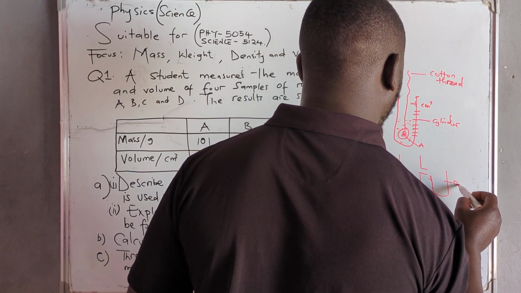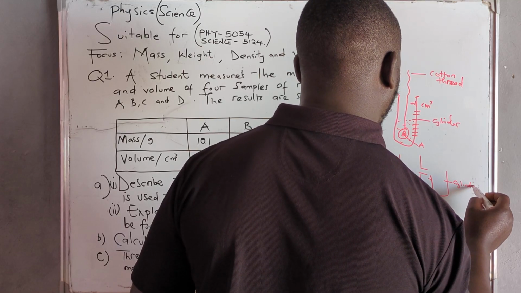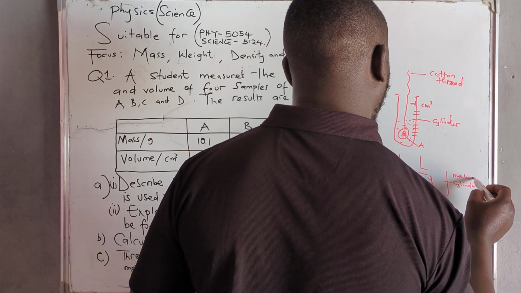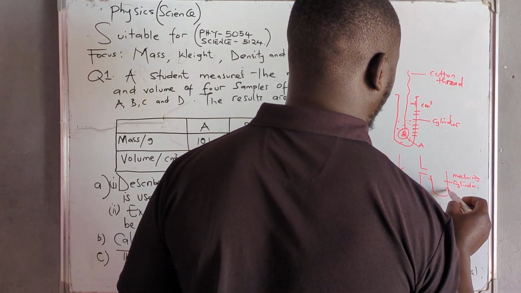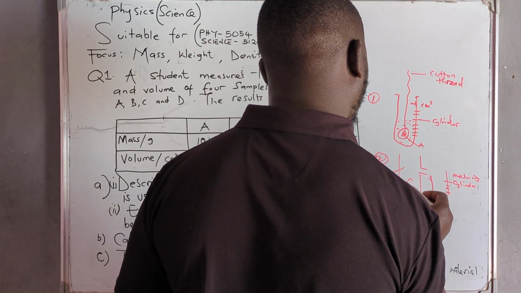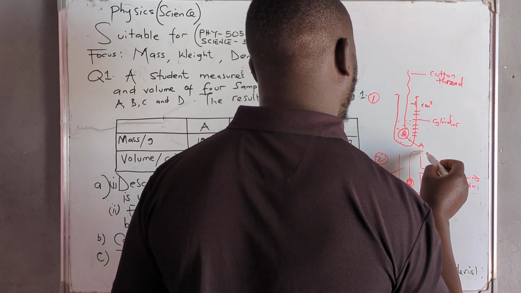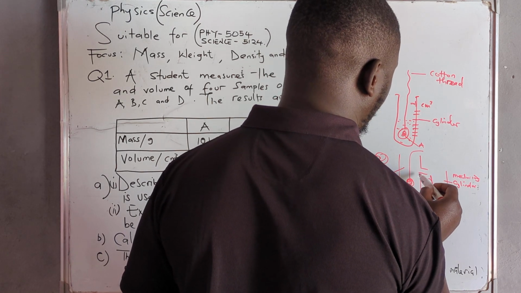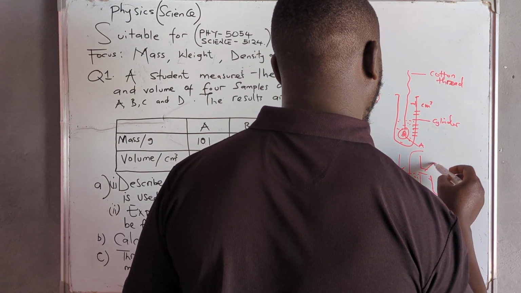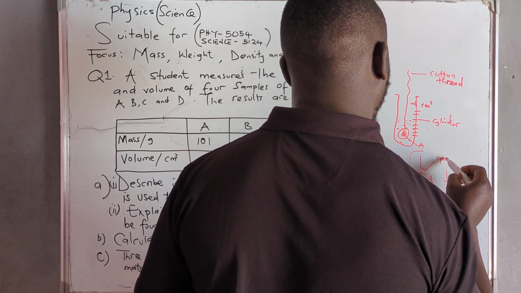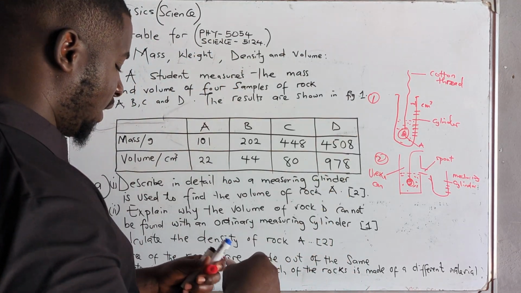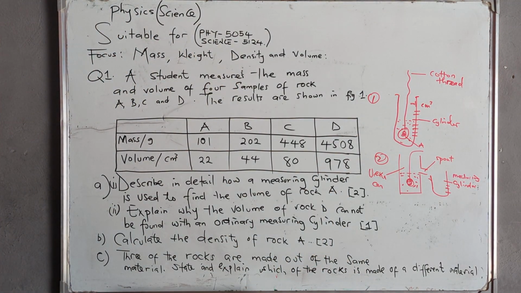This is your cylinder, with calibrations. The stone is going to come here, and the amount of liquid is going to come out through what we call the spout. So you can pick either of the 2 options.